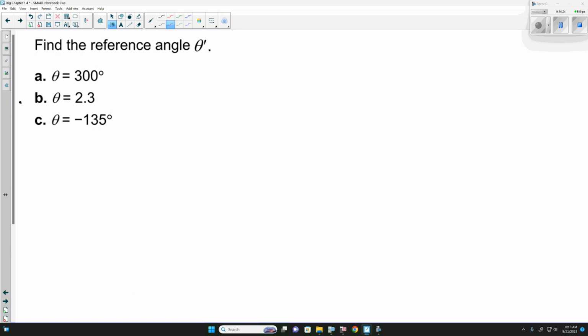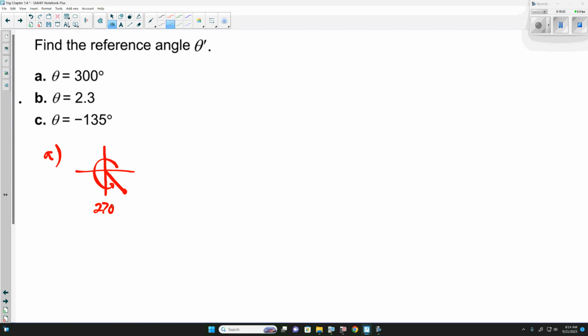So for these three here, 300, 2.3, and negative 135 degrees, we want to find each of their reference angles. Now the first one, 300 degrees. If we think of it on our coordinate plane, 300 degrees is going to be down here, because straight down is 270.